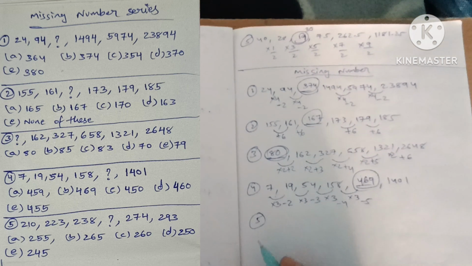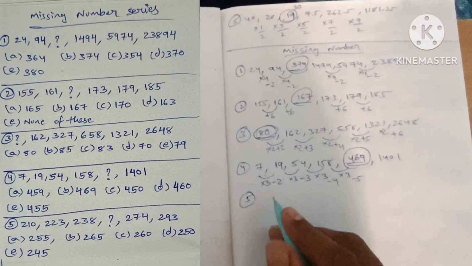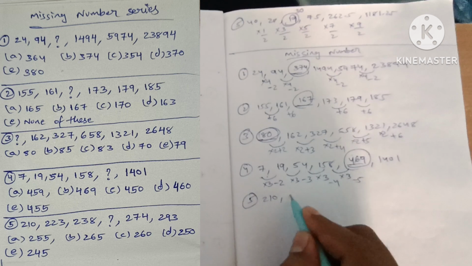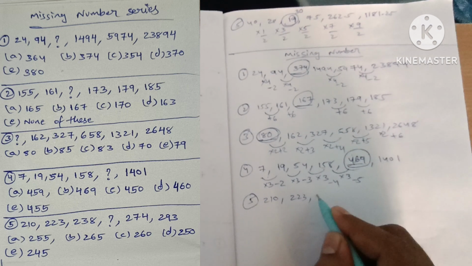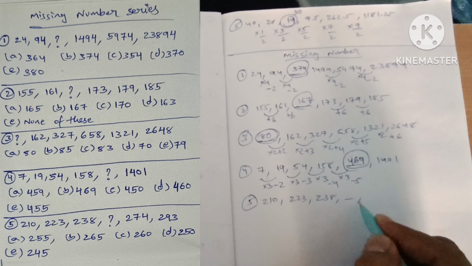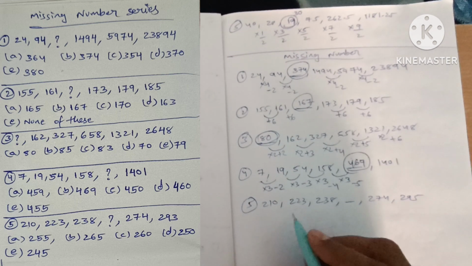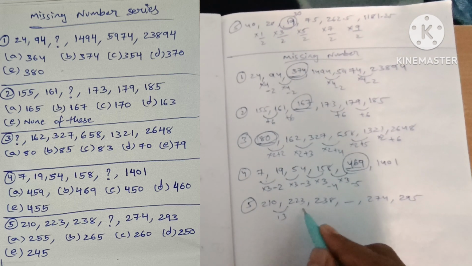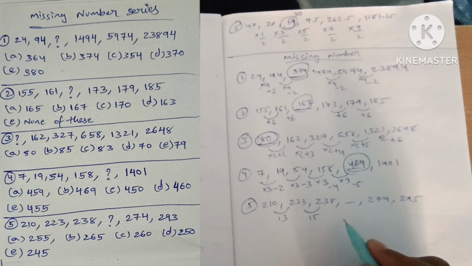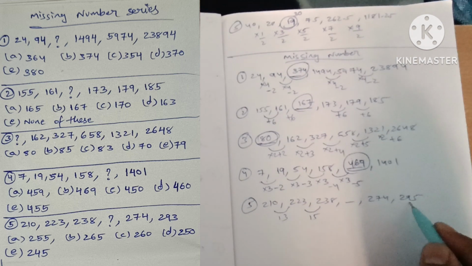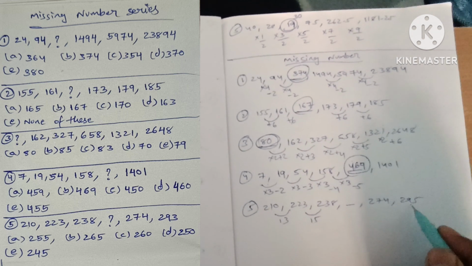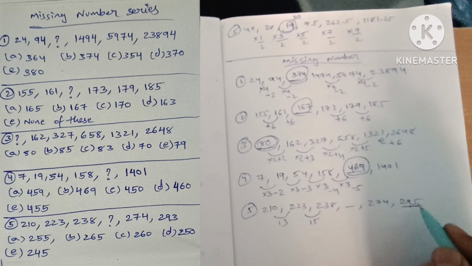Fifth one: 210, 223, 238, dash, 274, 295. Here the difference is 13, here 15. Sorry, here the number must be 295, not 293.